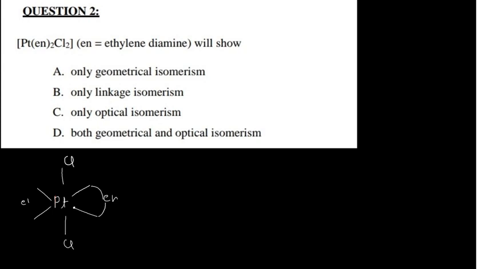Then another ethylene diamine you will put in that manner. So if you check the structure of this compound, the two chlorides are at a 180-degree angle. Similarly, the two ethylene diamines are also at a 180-degree angle. So it's a trans isomer.